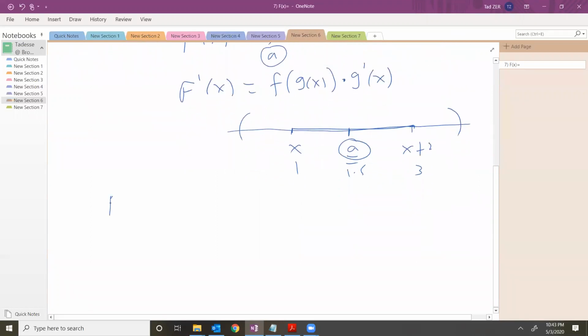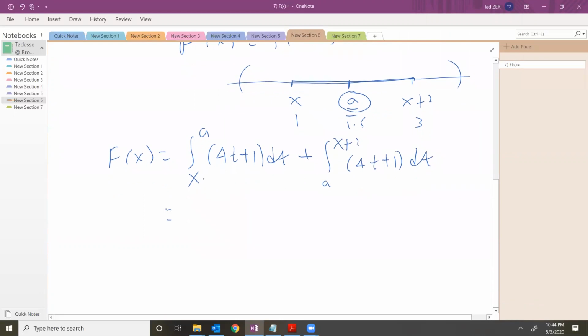So what that means is that F of x can be written as the integral from x to a of 4t plus 1 dt plus the integral from a to x plus 2 of 4t plus 1 dt. I'm using the additive property. That is very important. And now, if you remember this property of integrals, the integral from a to b of f of t dt is the same as minus the integral from b to a of f of t dt.